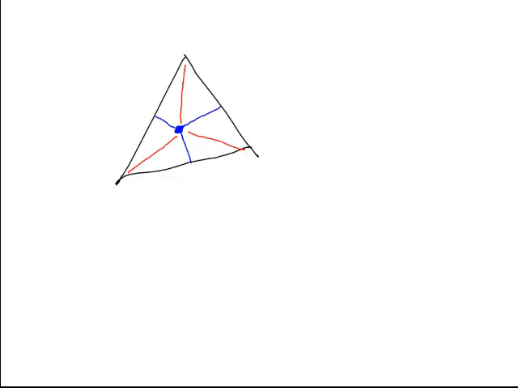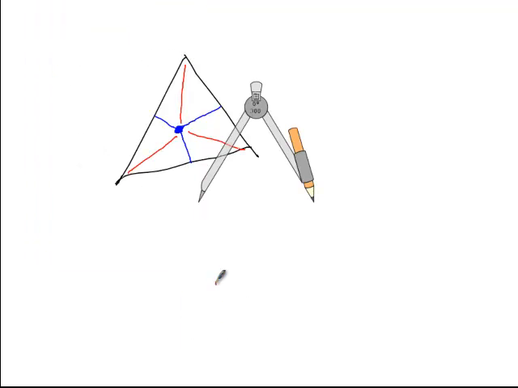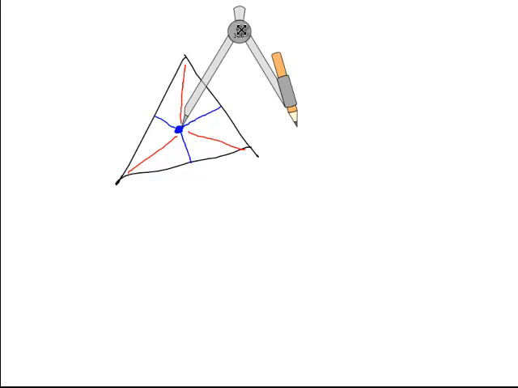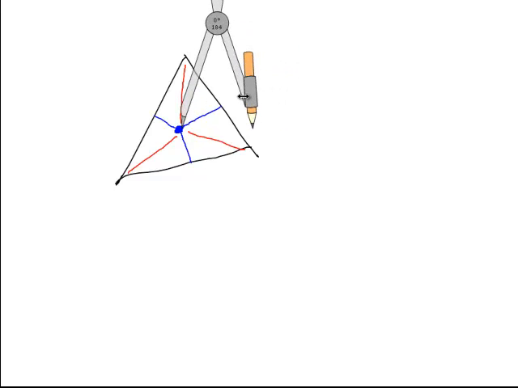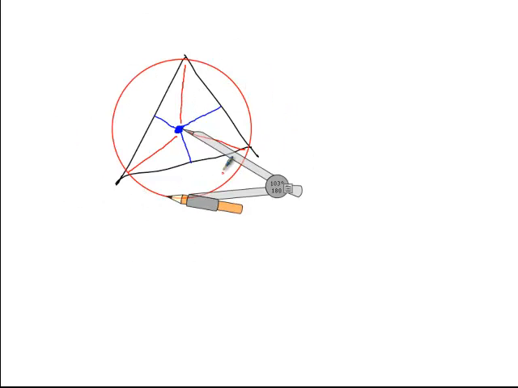And that point is also the center of a circle. Not too bad for freehand, right?